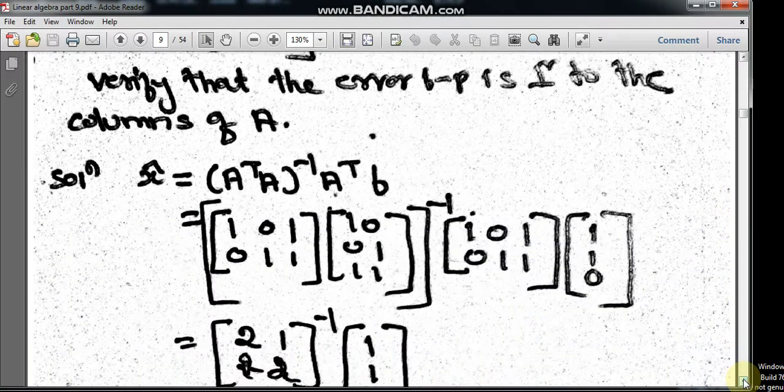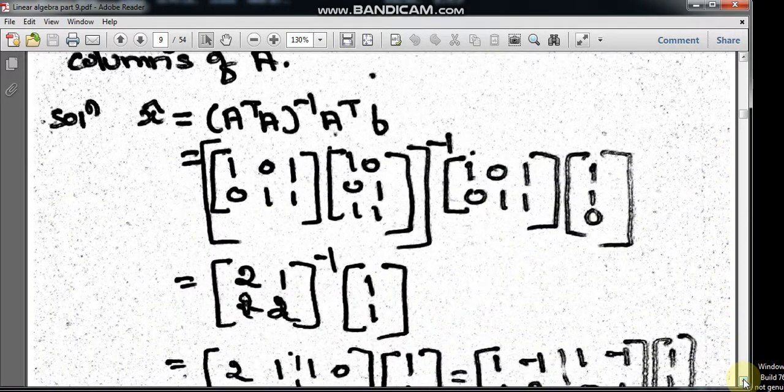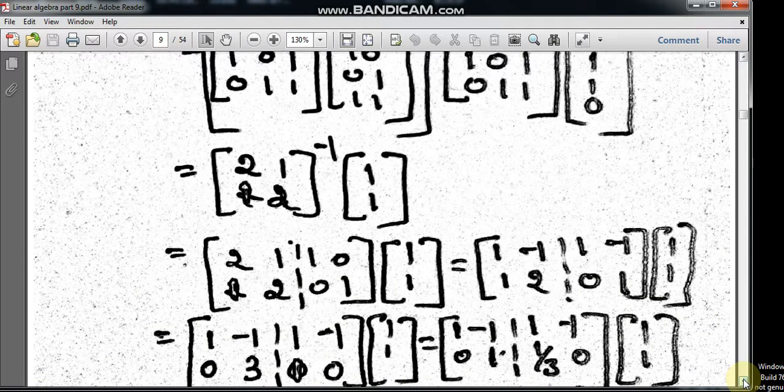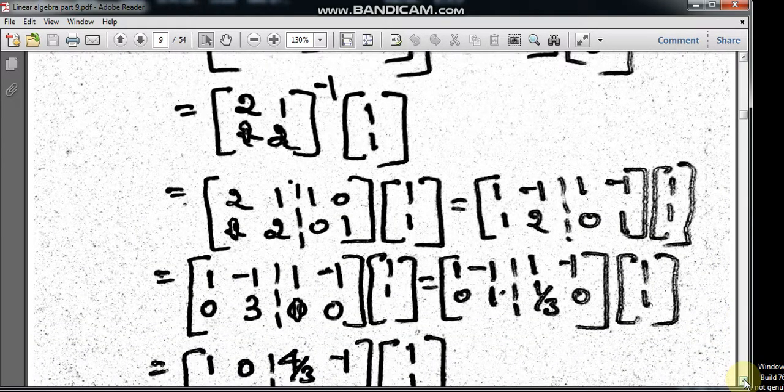You have this expression already. Just substitute the values of A and find it. First A transpose is written, then A is written, just multiply them and find the inverse. The inverse you can find directly through your calculators or the methods you know.